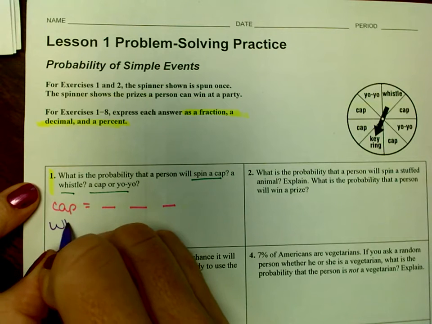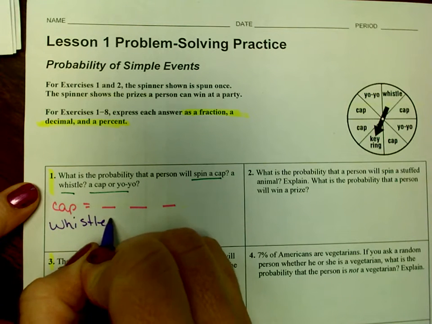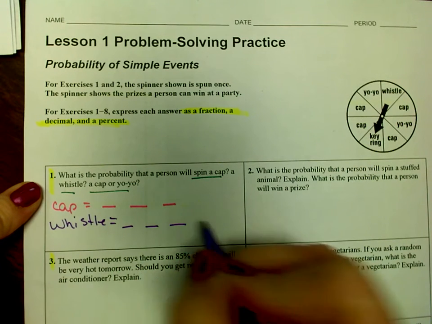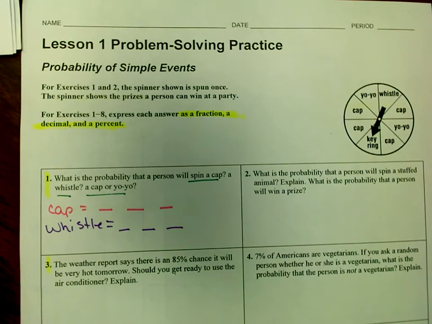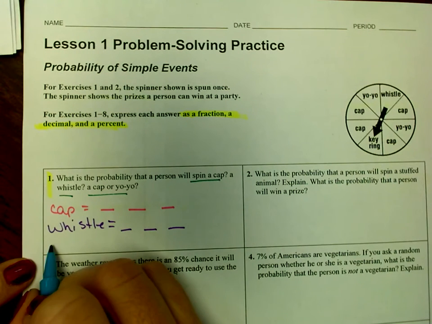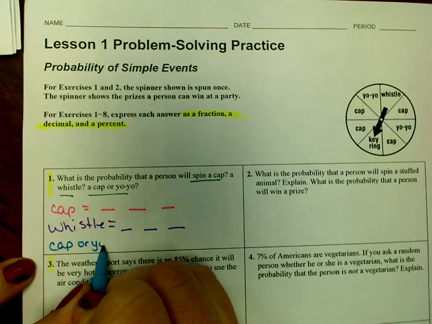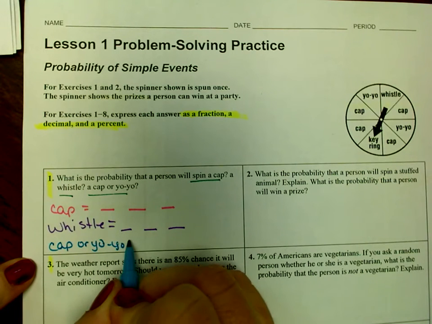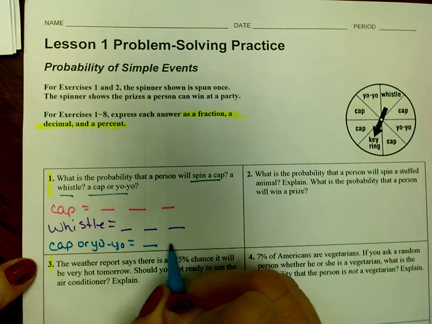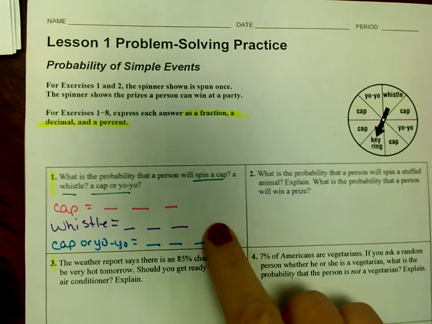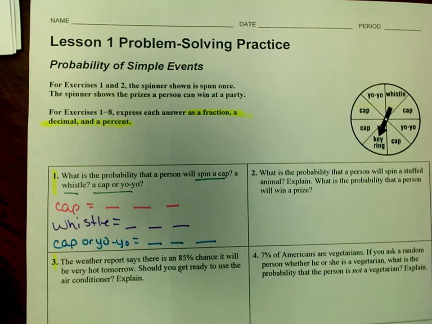You're going to have a whistle as a fraction, a decimal, and a percent. Then you're going to have a cap or yo-yo as a fraction, a decimal, and a percent. So number 1 has 9 answers to it.